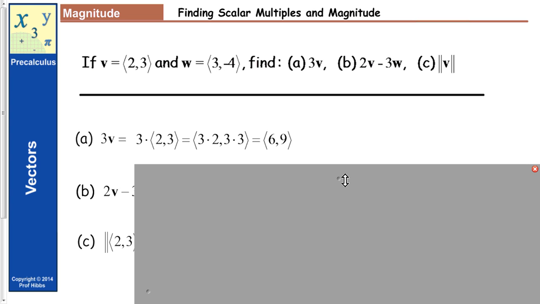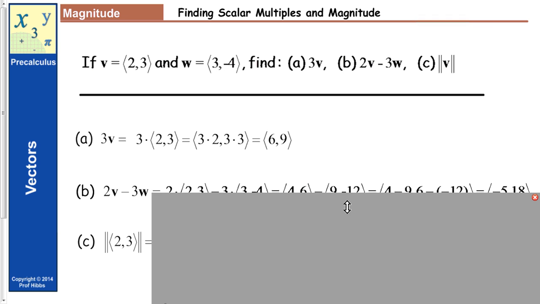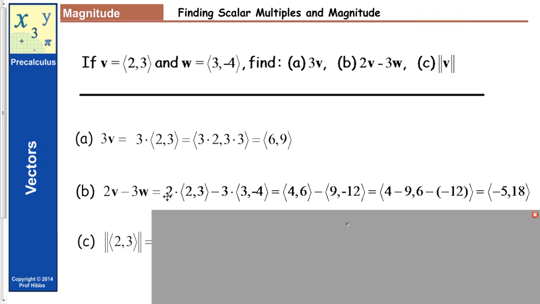Now we're asked to find 2v minus 3w. We would use scalar multiplication on v to get 2v, and on w to get 3w, and then subtract component-wise. So here's 2 times v minus 3 times w. For 2 times v, we multiply each component, so we get a 4 and a 6, 2 times 2 and 2 times 3.